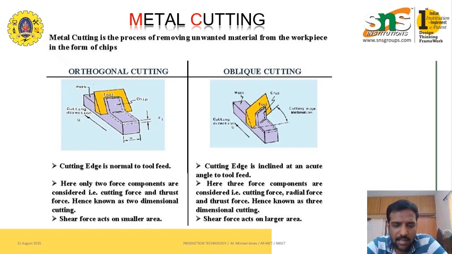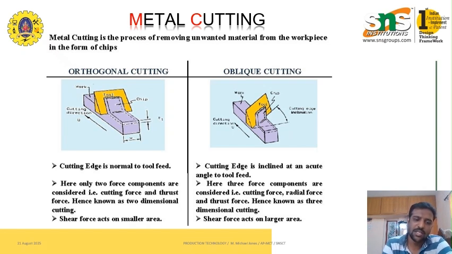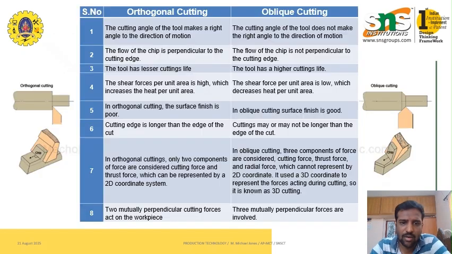It may be acute or it may be obtuse. The shear force acts on a larger area in one and on a smaller area in the other. When the shear force acts on a larger area, the chips formed will be larger, hence larger cutting forces or other parameters will be involved.